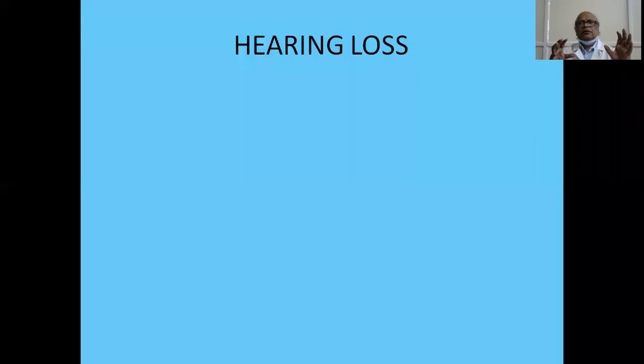Just like that, the nearby visual cortex will occupy the auditory center, and whatever you do subsequently, it is very, very hard to get the speech. So it is of paramount importance to recognize, evaluate, and rehabilitate the hearing loss as early as possible, as early as 6 months, 4 months.